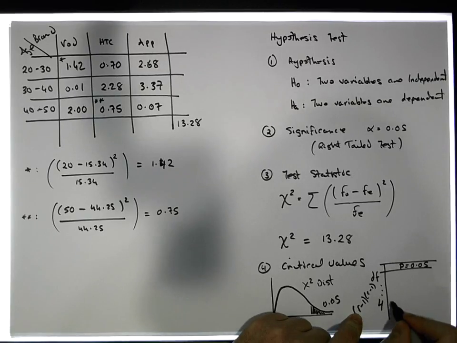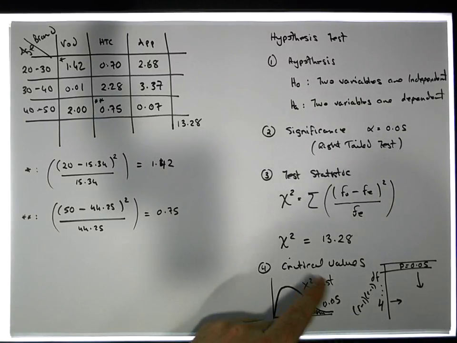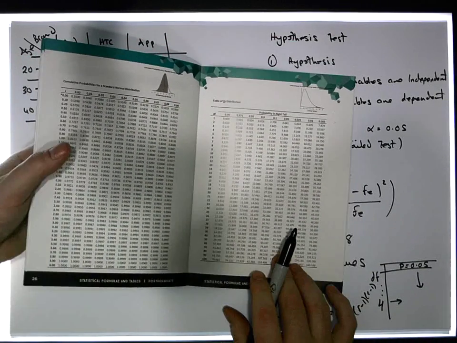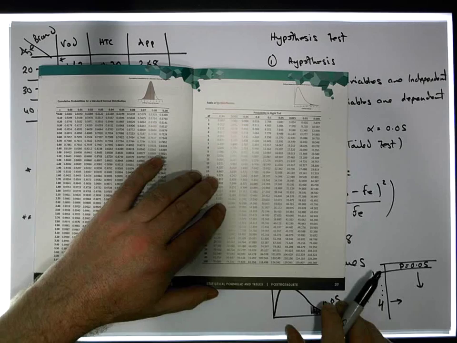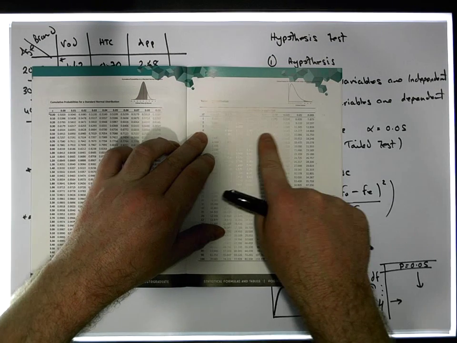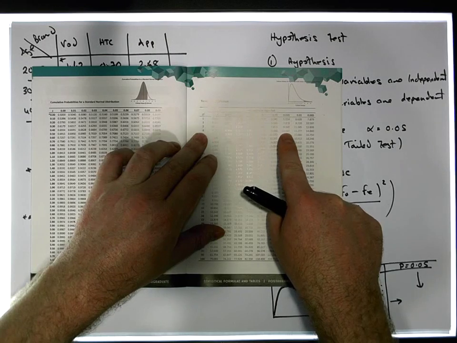Now the critical value associated with 4 degrees of freedom on a chi-square distribution with 0.05 of the area in the right tail. Okay, we've got tables that we've set up for this. I must actually put these tables up online. 4 degrees of freedom and 0.05 in the right-hand tail gives me 11.143.